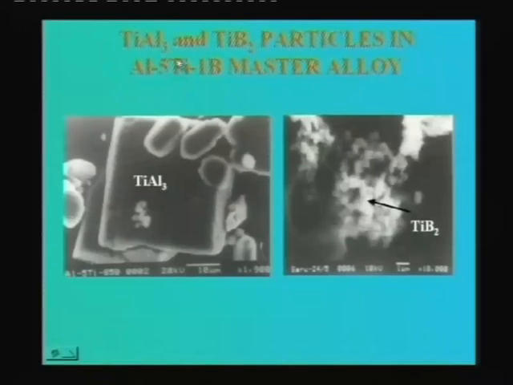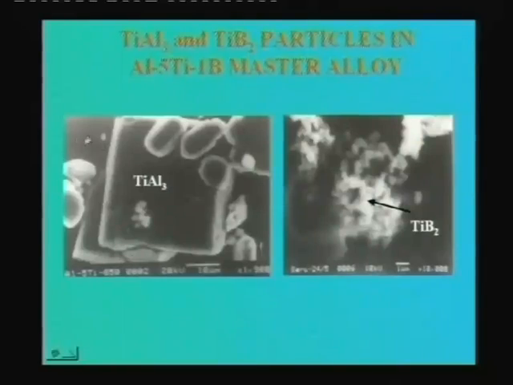If you look at the composition of these alloys, it has titanium and boron, and titanium reacts with aluminum and gives you TiAl3 particles, and titanium and boron, when they are together, react with each other and form TiB2. So you have two types of particles, TiAl3 and TiB2, in this type of master alloy, and when you take this master alloy, add a small piece of it to a liquid aluminum.